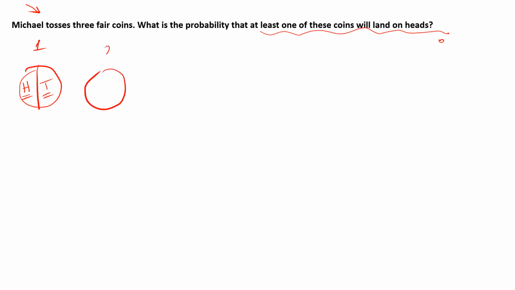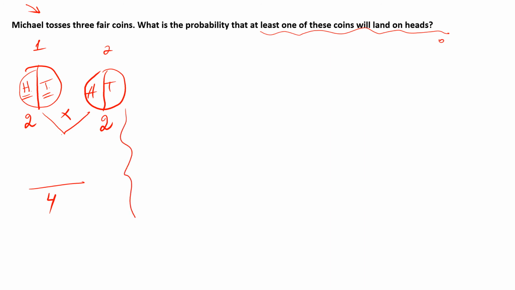If you are tossing the second coin, you will have again head or tail. And if you toss together, what is the total number of outcomes? So remember, there are two outcomes for the first one, and again for the second coin you will have two outcomes. Always, in order to get the total number of outcomes, we multiply them with each other. So if you have two coins, the total outcomes will be 4.